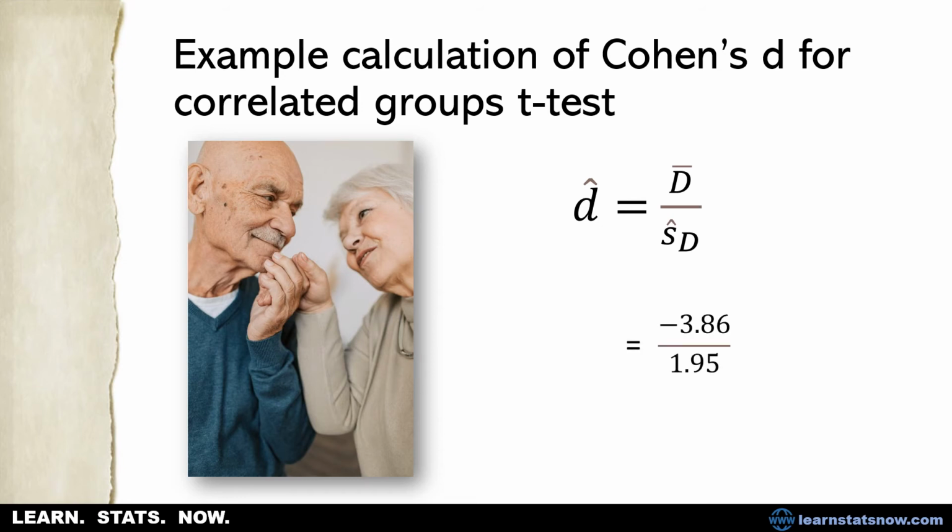So that's negative 3.86 over 1.95. If you have any question about where these numbers came from, just make sure to go back through the original video that presented this example. I'm just taking those values from what was already calculated. And that's going to end up being negative 1.98.